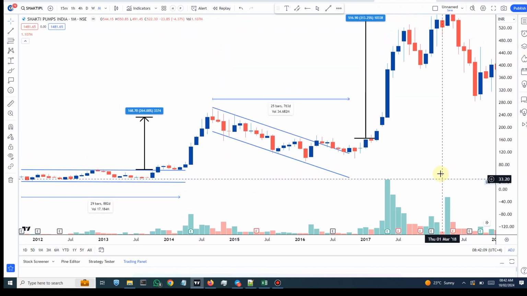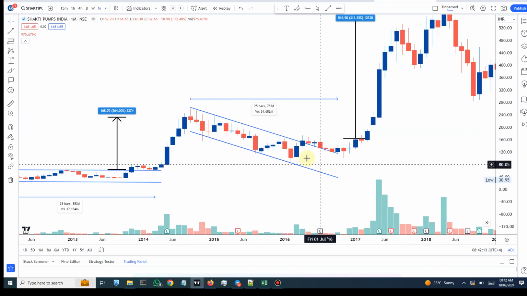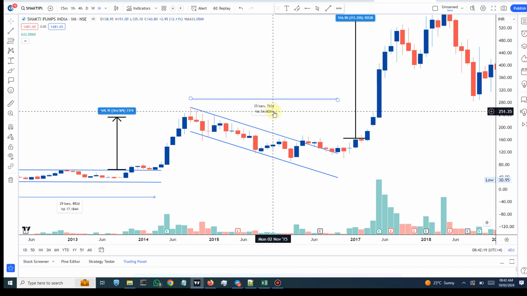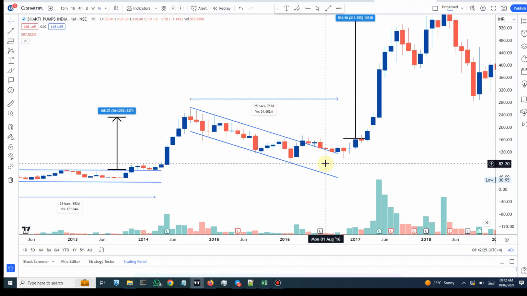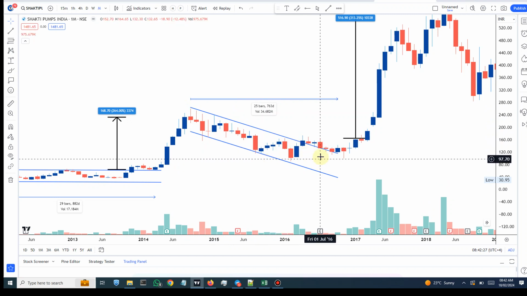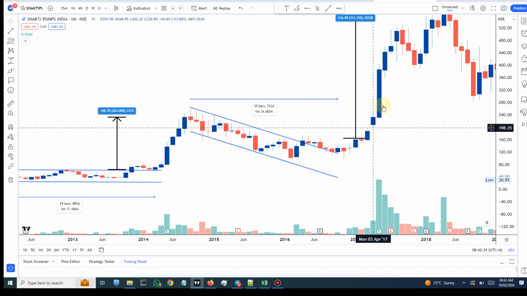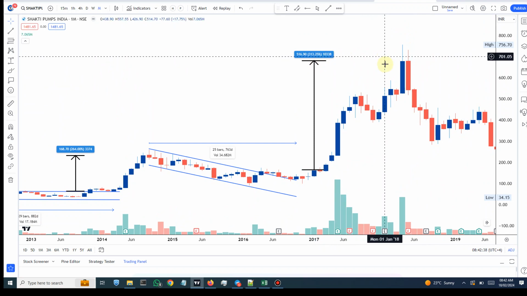What happened after that was that the stock went into a downward channel, and this downward channel stayed there for almost 2 years, 863 days, which is almost around 2 years. So for 2 years, again the price did not do anything. Then again, the price came out of the channel, and when it came out of the channel, it consolidated around the channel, and it gave a violent breakout again. Again, the stock price went up by around 300%.